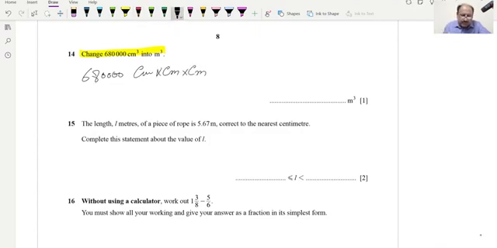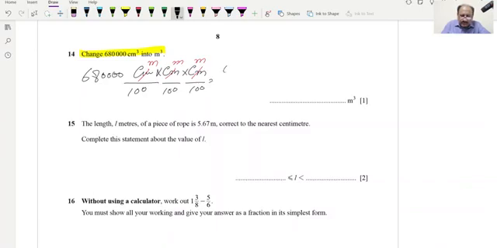This is the easiest way to understand. So for each centimeter, to convert into meter, we have to divide it by 100. And now this is not centimeter, this is meter, this is also meter, and this is also converted into meter.